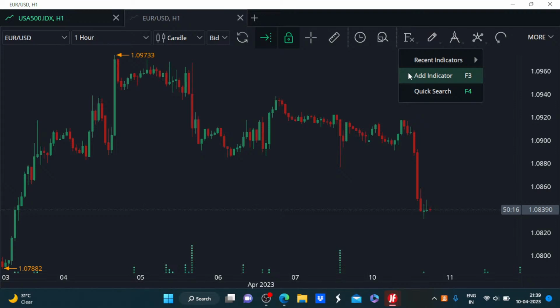These two options are there: F3 for add indicator, or you can simply do a quick search using F4. And if you had recently used this indicator, then you get it in the recent indicator option as well.